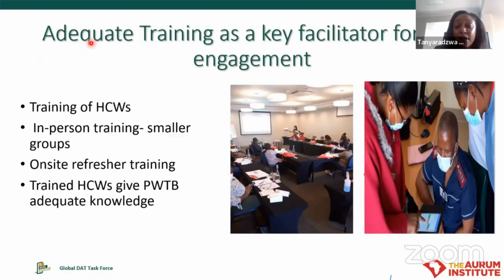Over and above these mass trainings, we found on-site refresher trainings important, especially when the healthcare workers started implementation. This was to motivate them and remind them of anything they had forgotten from the main training, to build their confidence and run with the project. So trained healthcare workers were now able to provide people with TB with adequate knowledge.